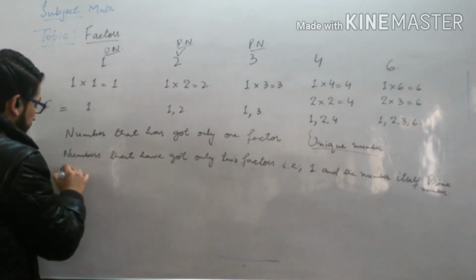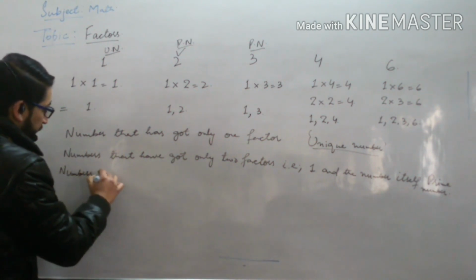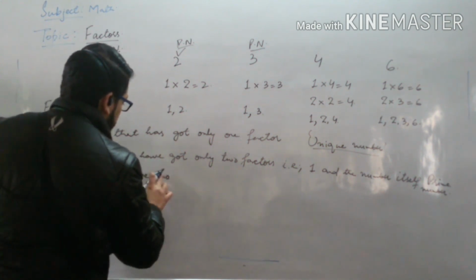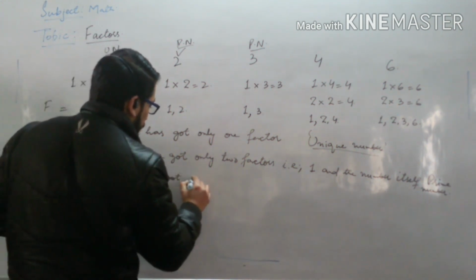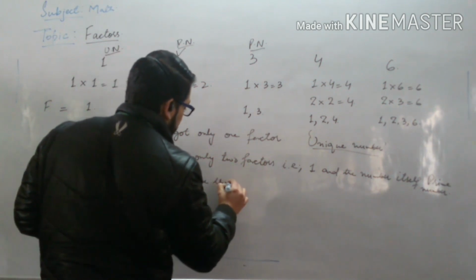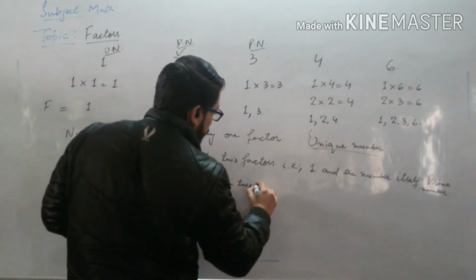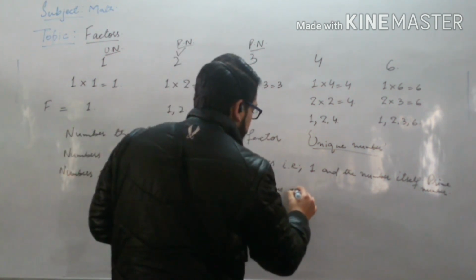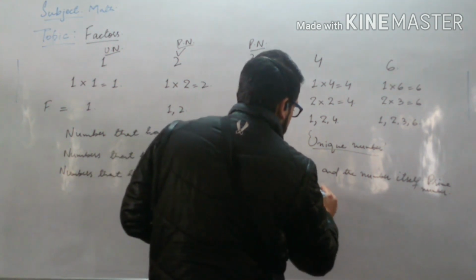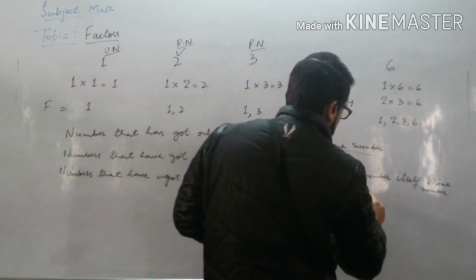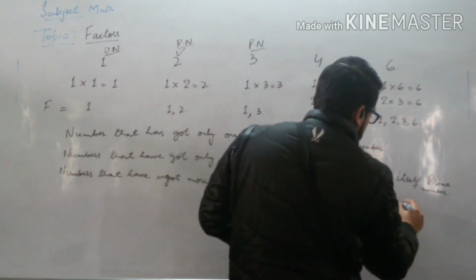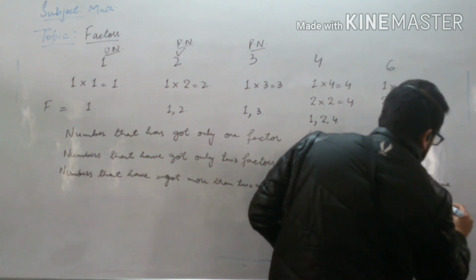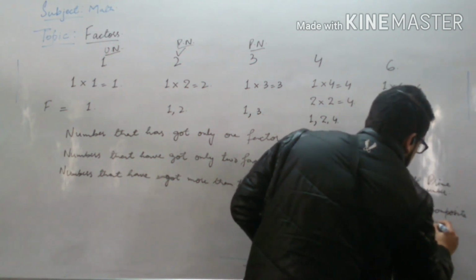After that, numbers that have got more than two numbers as factors are said to be composite numbers.